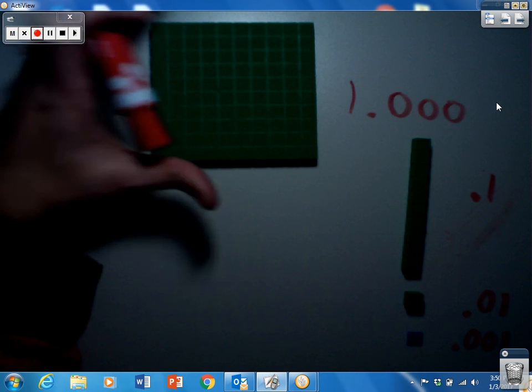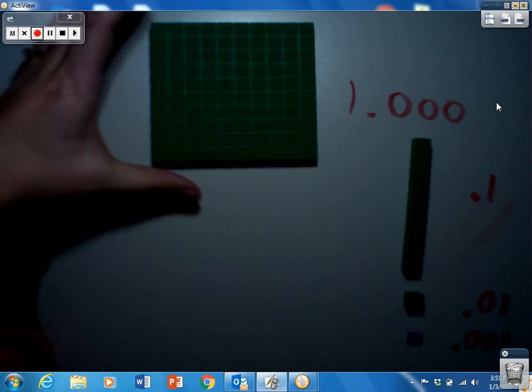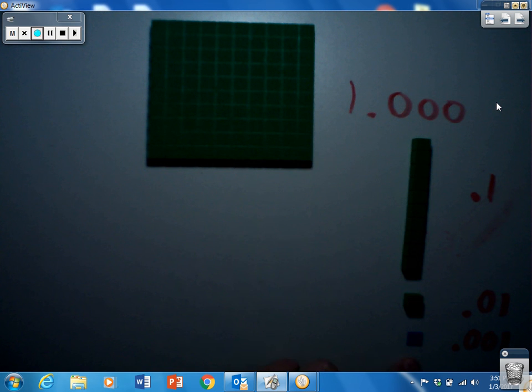So we have just learned two different ways to use base 10 blocks to help us understand our decimal place value. Using the flat as a whole, this would be 1/10, 1/100th, and 1/1,000th.